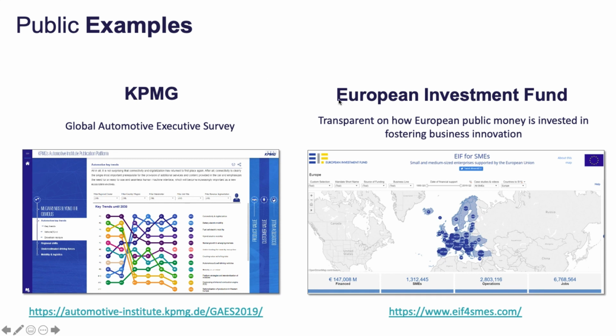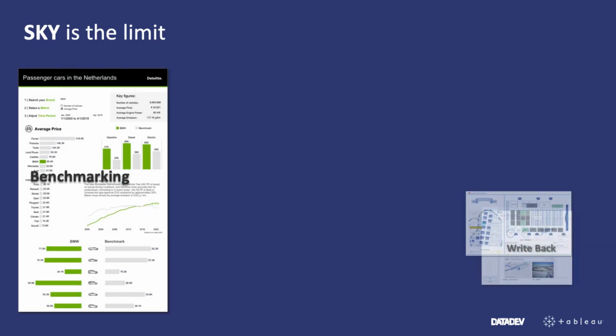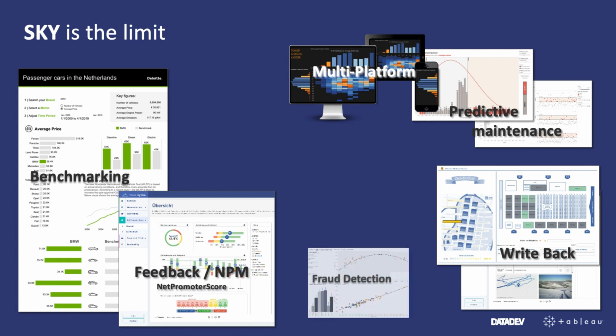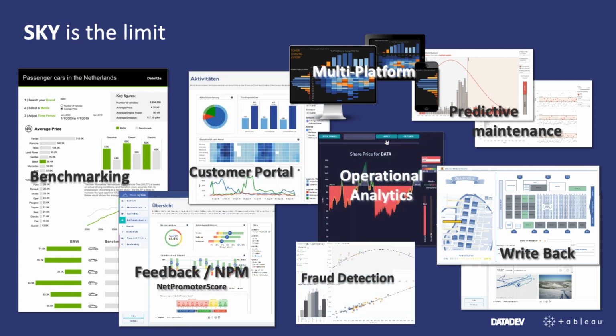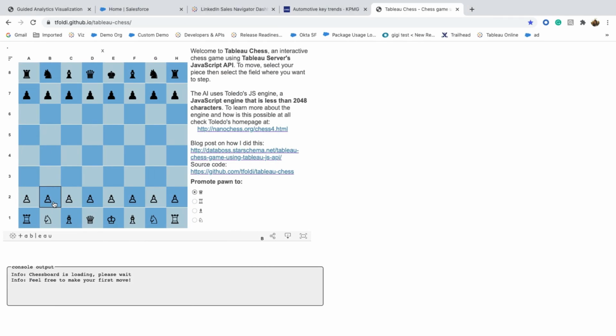You can also have a look at the European Investment Fund and how they are using Tableau inside their application. But really what you need to think is that only the sky is your limit. You can create a custom portal, use it for fraud detection, for example. Here is an example of how the sky is your only limit.